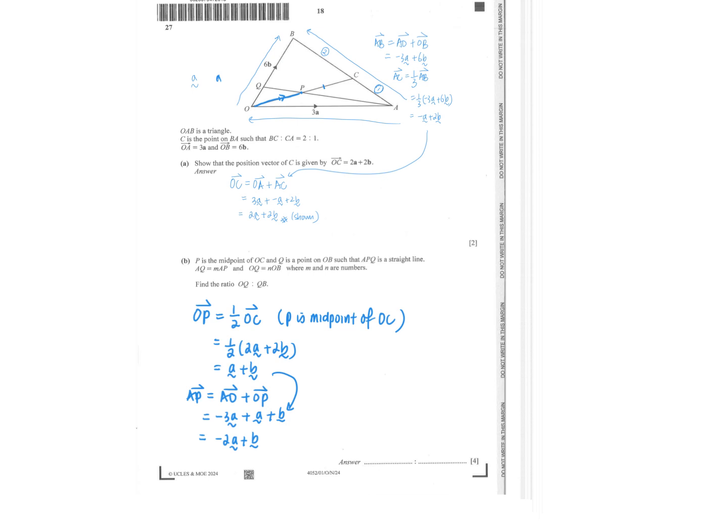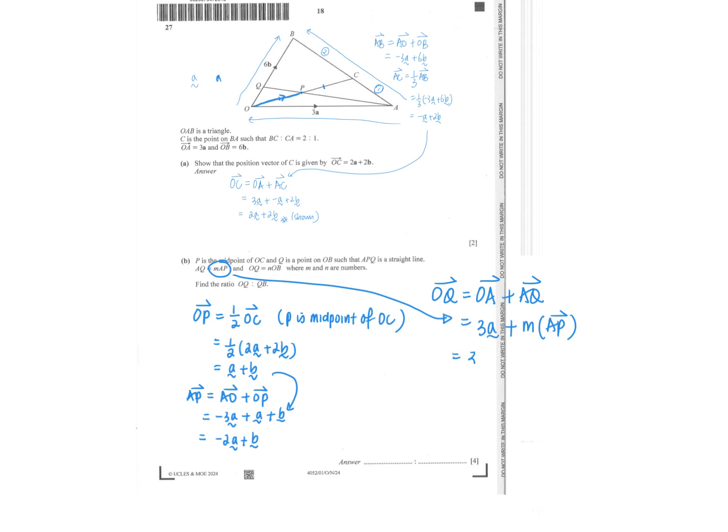Okay, let's try that. To find OQ, you need to use O to A and then A to Q. So my OA is just 3A, and my AQ is just M times AP. They give it here, so we just plug in.